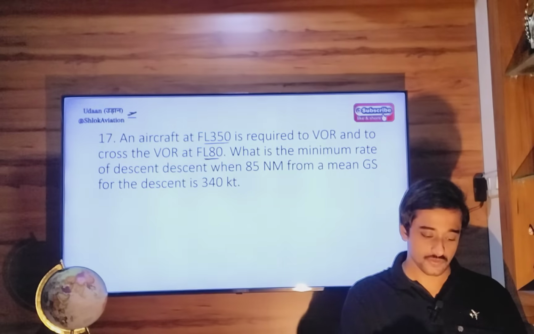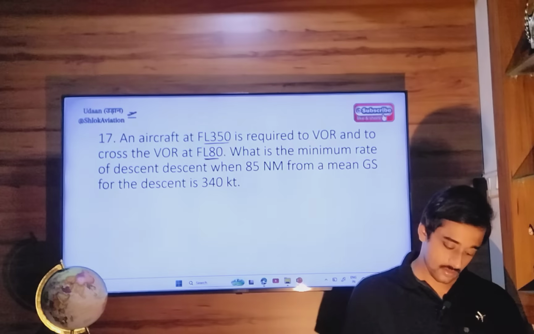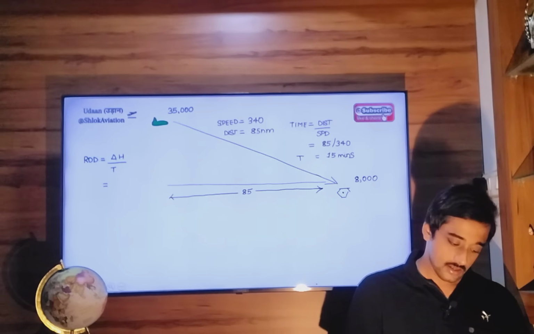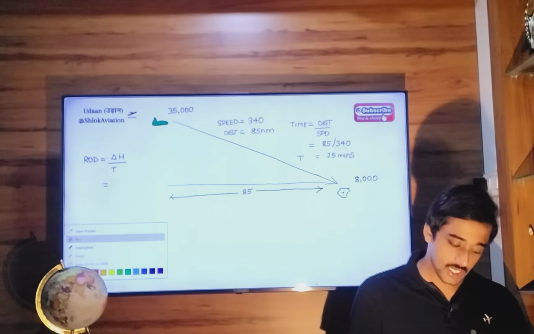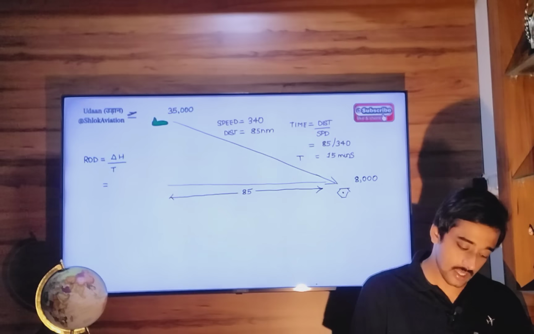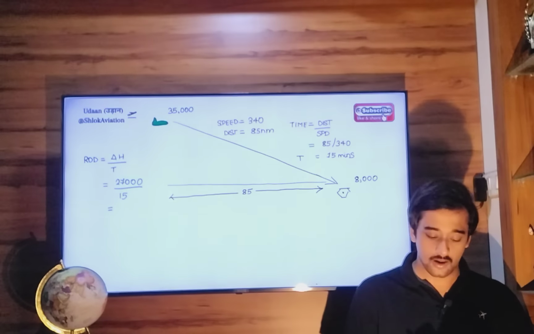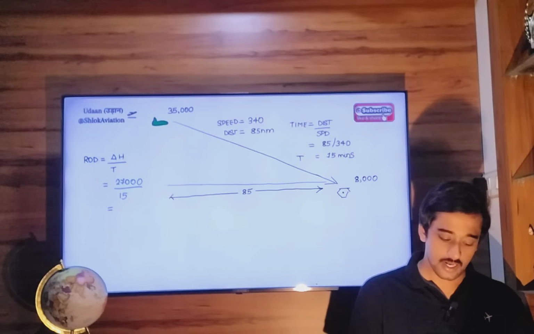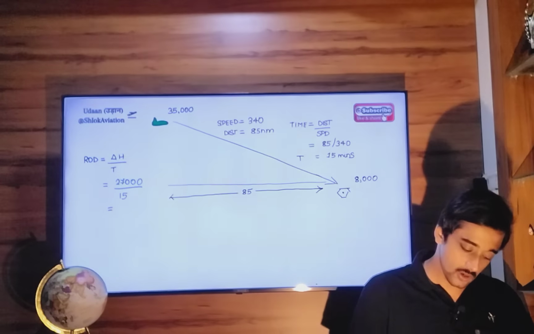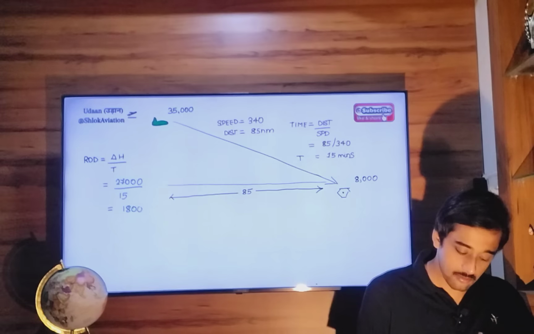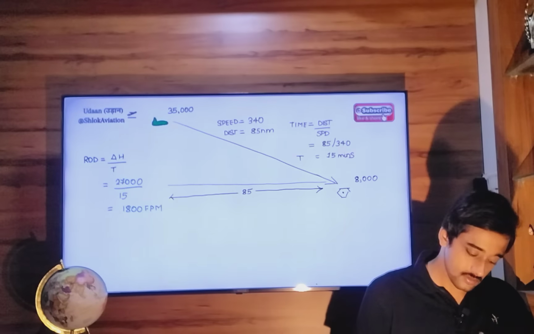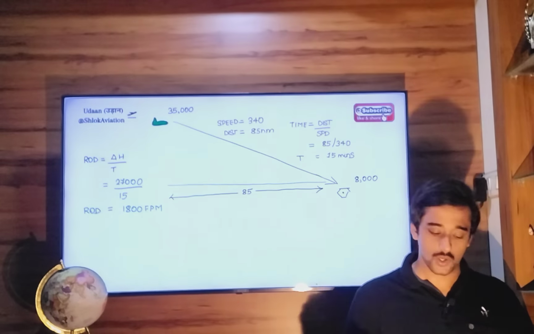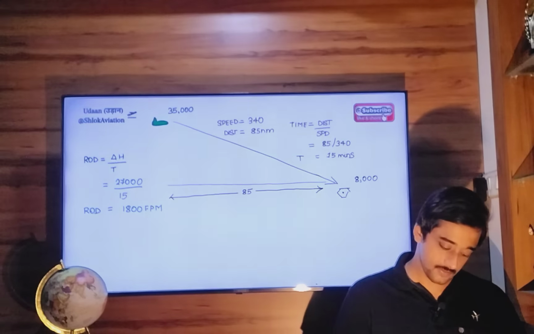So change in height 27,000 divided by time 15 minutes. So 27,000 divided by 15 minutes is equal to 1,800 feet per minute. Okay, so this is your answer.